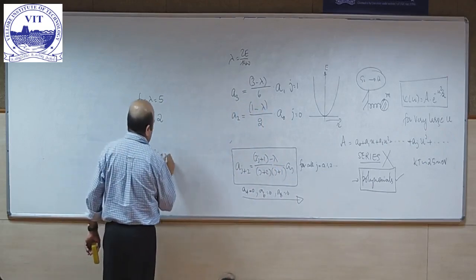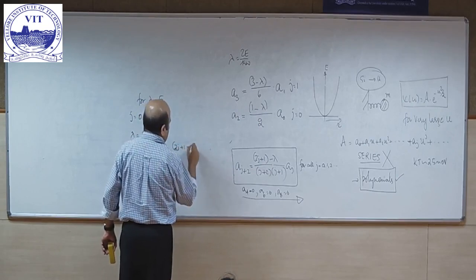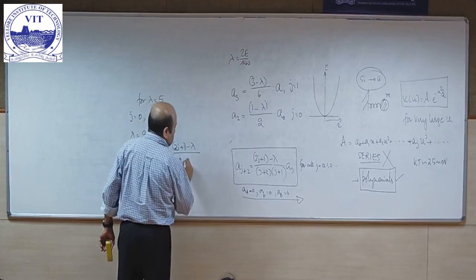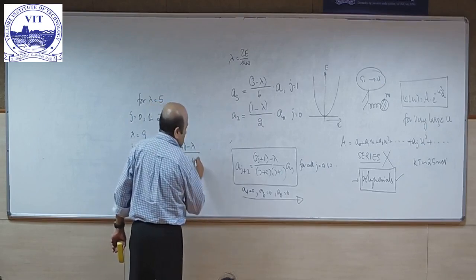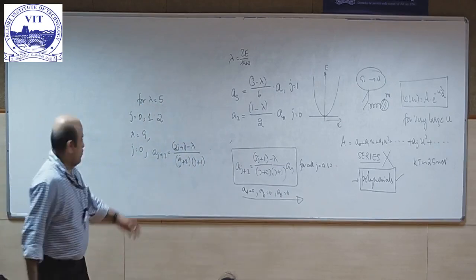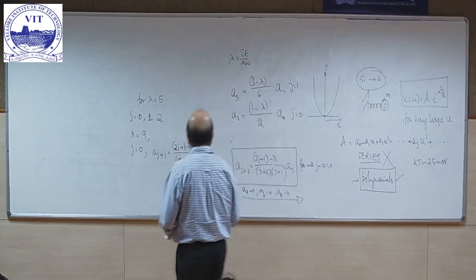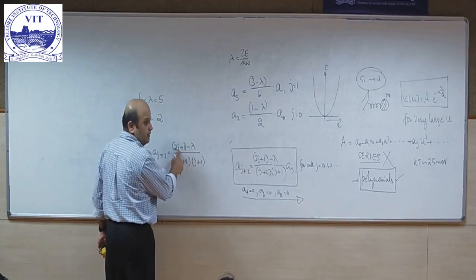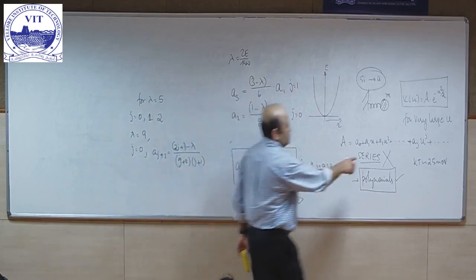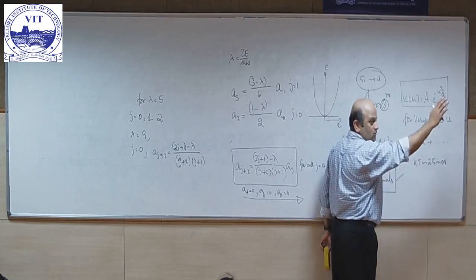Aj plus 2 is 2j plus 1 minus lambda divided by j plus 2 times j plus 1. Now you just substitute and tell when do you have this 0. So for j equal to 4, this becomes 0. So that means for all the values of aj beyond 4, this is 0.